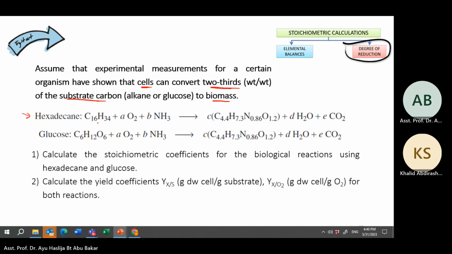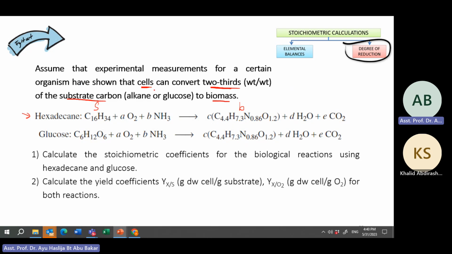This one, right? This is the substrate. Now, which one is biomass? Correct. This is the biomass.